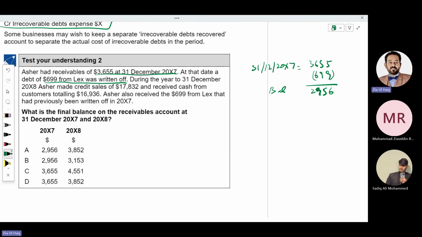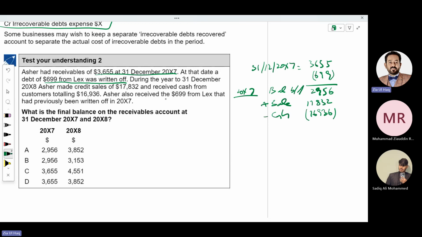So during the year 31st December 20x8, Fisher made credit sales of 17,832. So this is balance brought down for 20x8 and the sales will be added to this. How much credit sales are there? 17,832 sales. And received cash from customer totaling 16,936, and minus cash received, how much? 16,936.